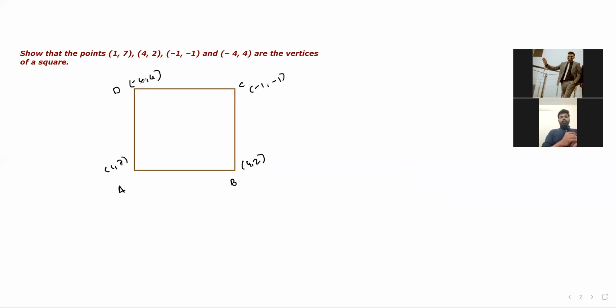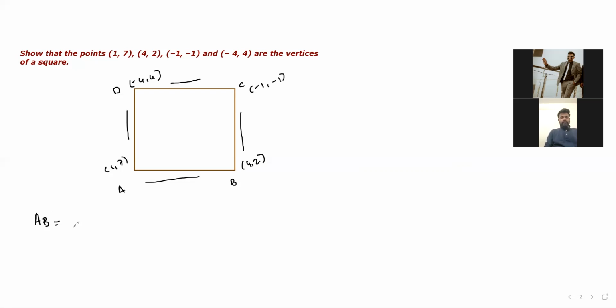So I have the four vertices. Now using these four vertices, I need to prove whether it is a square or not. To find out, we need the length of the sides, that is, we need AB, BC, CD, and AD. Let us first find all of these.